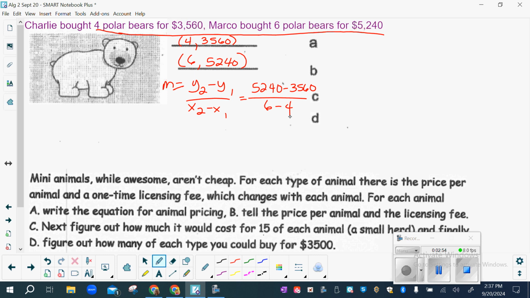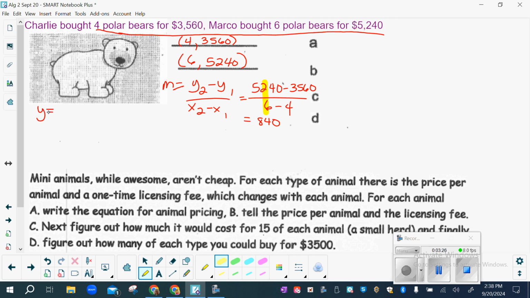Order doesn't matter in terms of how we start, but once we start, we have to keep these together. The ones that are above each other are the same point. So with our calculators, what do we get for the slope? 840. So this gives us 840.